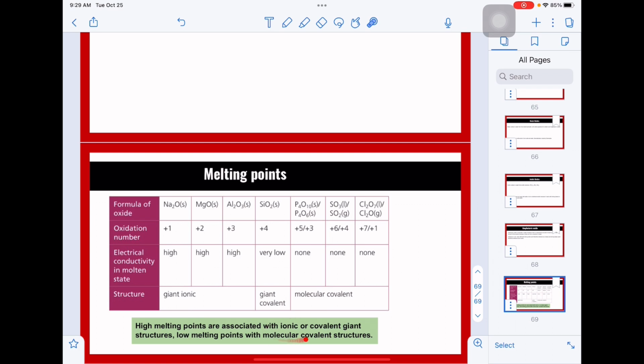So things that have giant structures, they have high melting points. And then things with molecular structures, they have low melting points. So hopefully, because you already have to know this and memorize this, the melting point just fits in that way. Okay, thank you.